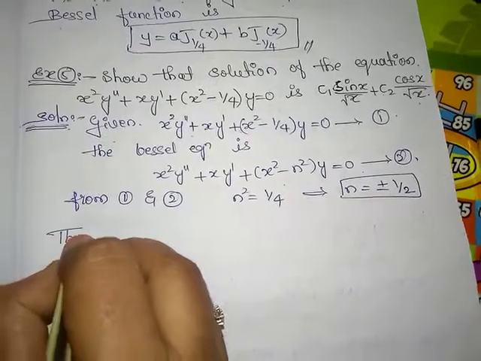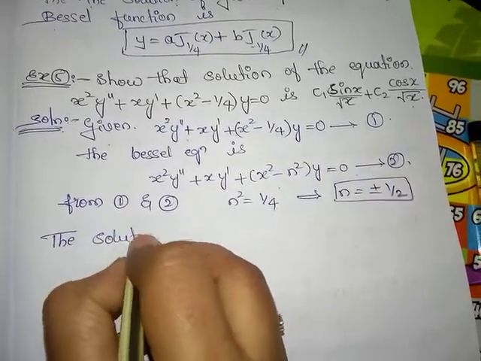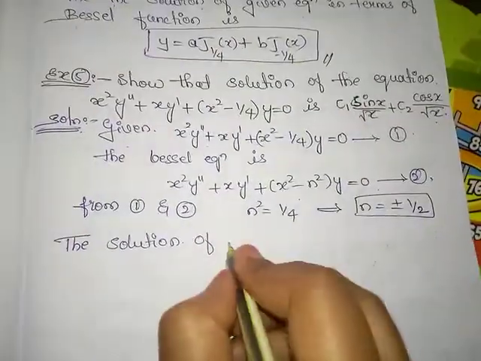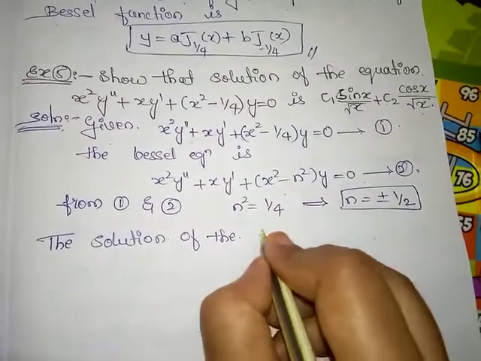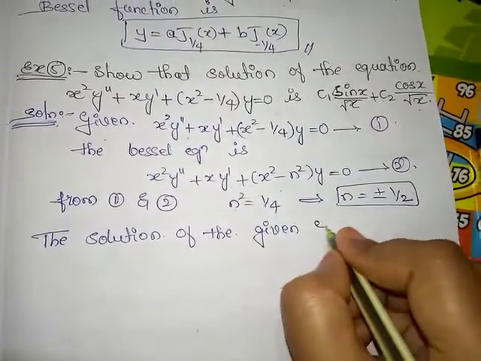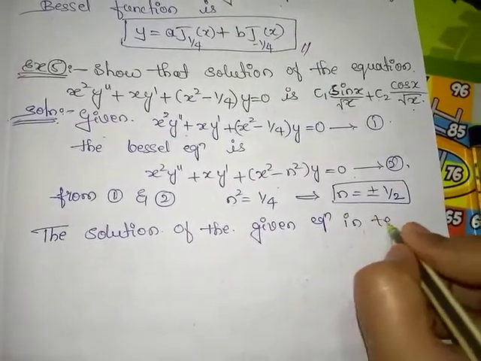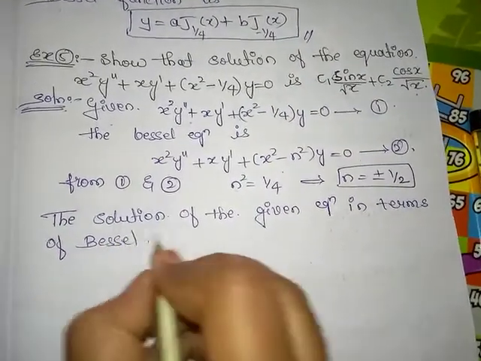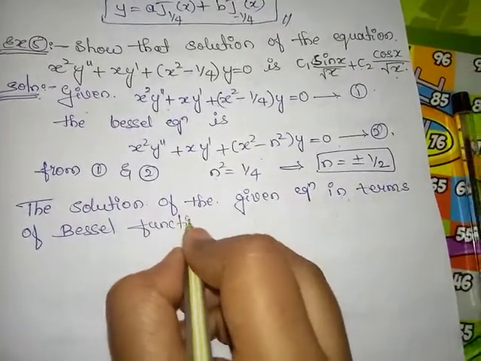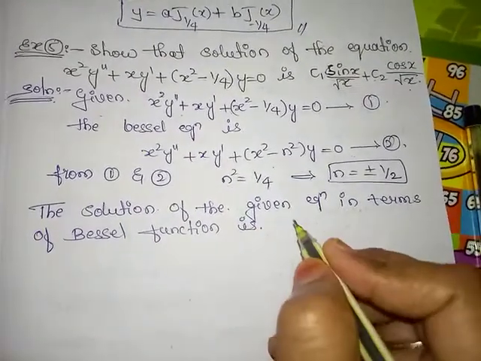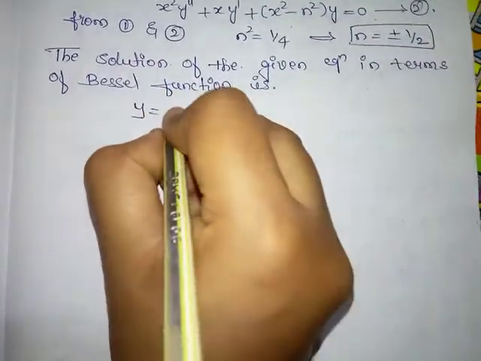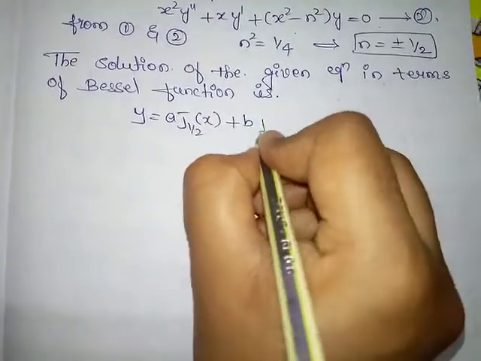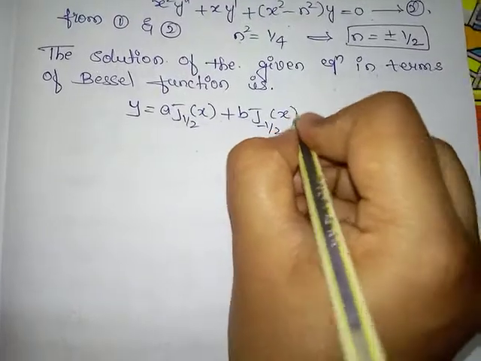The solution of the given equation in terms of Bessel function is y = a J_{1/2}(x) + b J_{-1/2}(x).